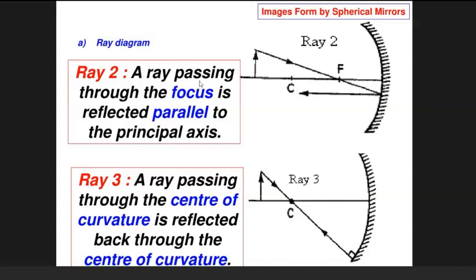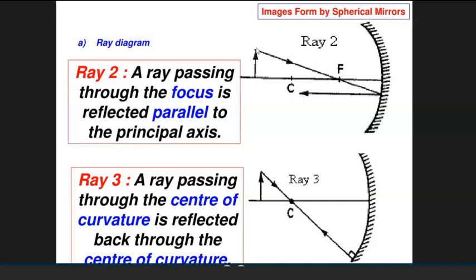Any incident ray which is passing through the principal focus or focal point is reflected back parallel to the principal axis. You see here, this ray is not parallel to the principal axis, but it directly passes through the principal focus like this. Then after reflection, it must become parallel.